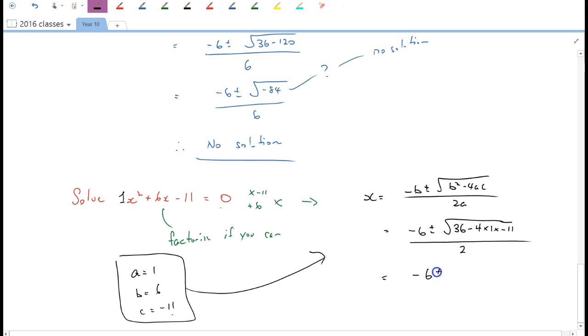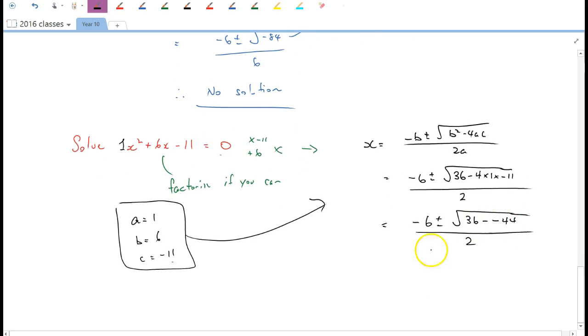Let's tidy this up now. 36 minus 4 times 1 times a negative 11, which is negative 44. Importantly, we've got a double negative here: 36 minus a negative number. 36 plus 44 is 80. So we end up with minus 6 plus or minus the square root of 80 over 2.